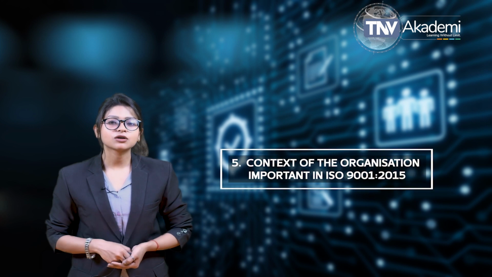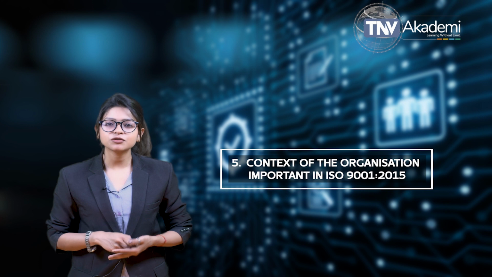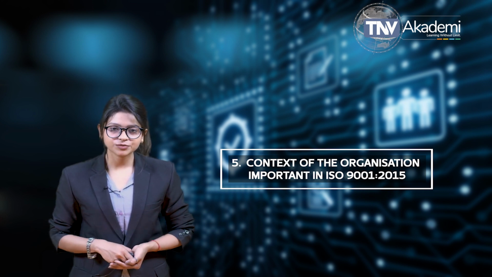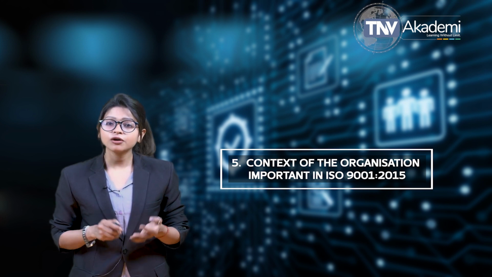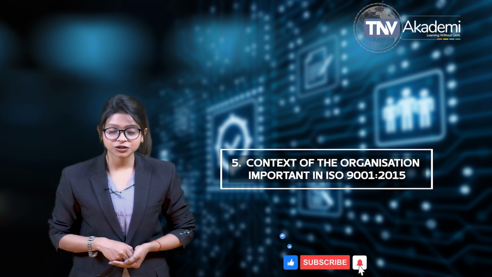The fifth one is context of the organization in ISO 9001:2015. ISO 9001:2015 requires an organization to construct its quality management system from now on from the specific context within which it is active.